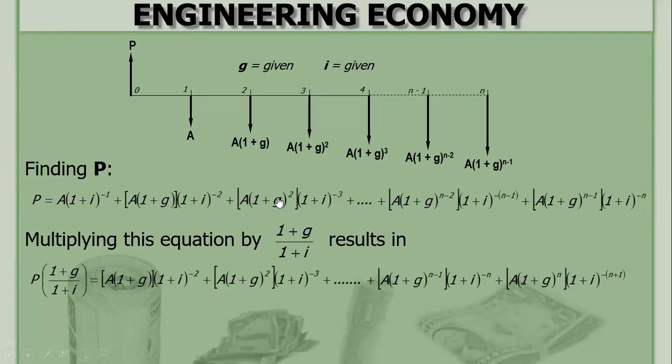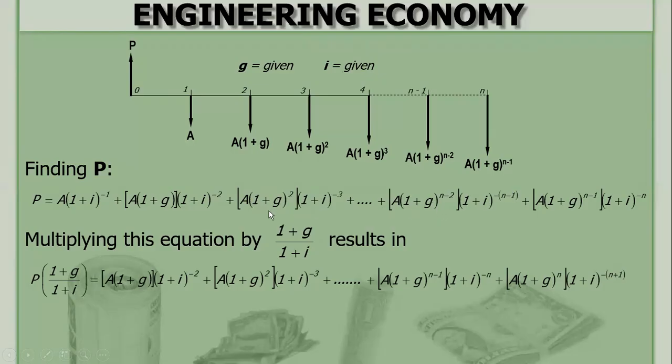For this one, 1 plus I squared times 1 plus I raised to negative 3 gives negative 1 again. Same with this: n minus 2 and then negative n minus 1, negative 1 is the result.